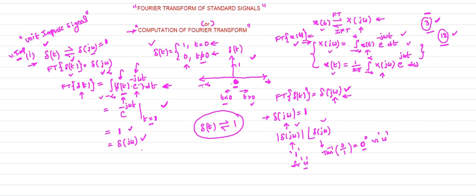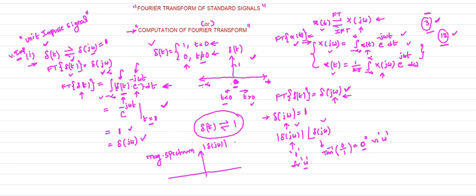Now how can you plot the magnitude spectrum? The magnitude spectrum is nothing but the magnitude of your function, that is modulus of delta of j omega.